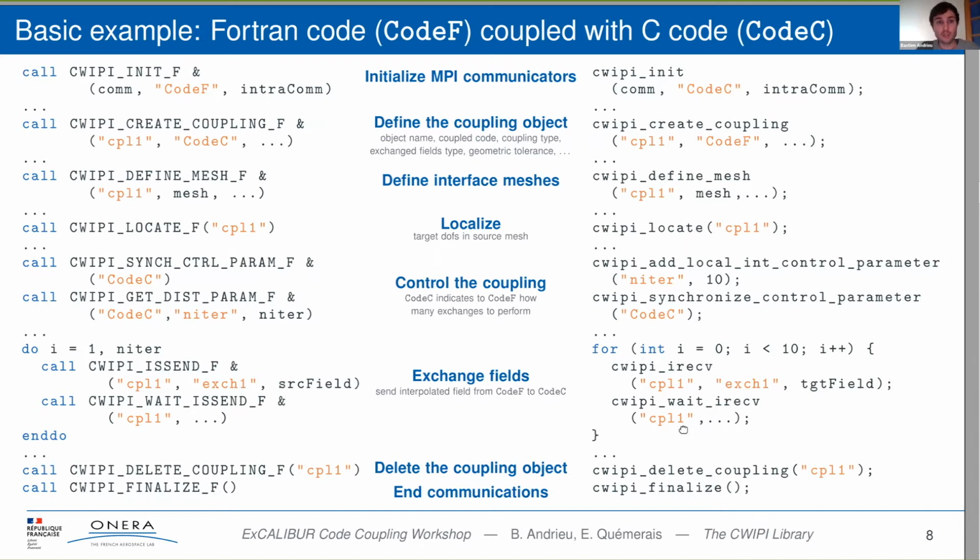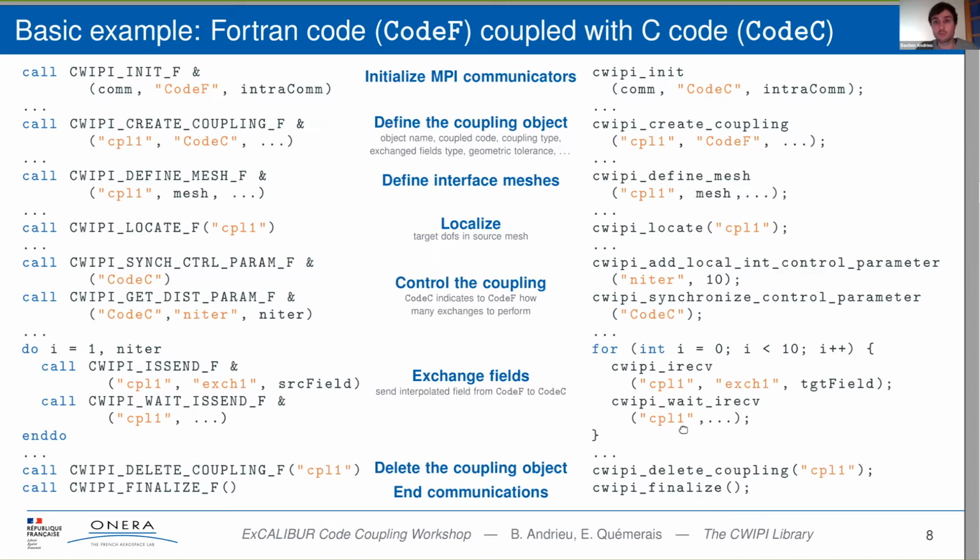So next, we show an example of how you can use the control parameters to design a customized coupling scheme. Here, the C code defines a specific number of iterations.